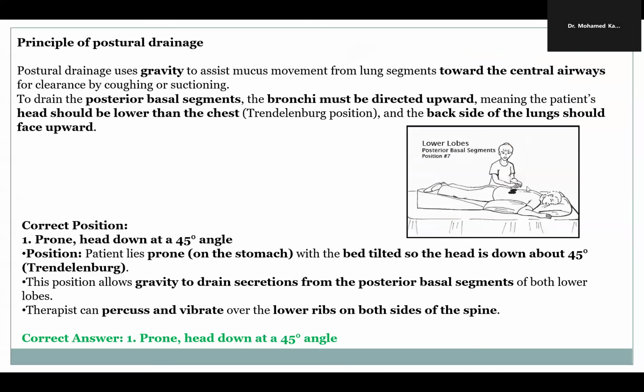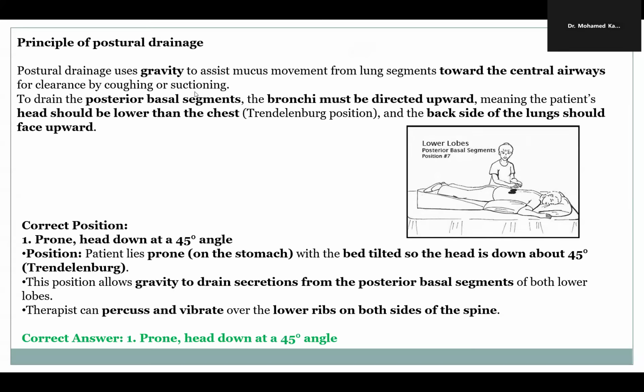But if we talk about postural drainage itself, it is a technique in which we are using gravity to assist mucus movement from the lung segments toward central airways for clearance by coughing, or if the patient is unable to cough, we can use suctioning.